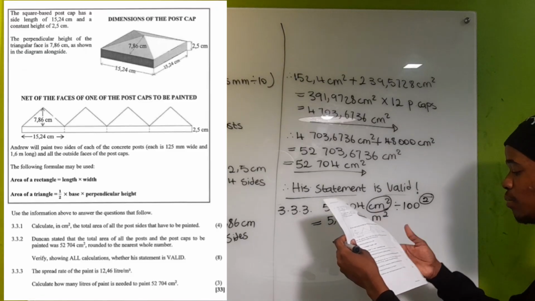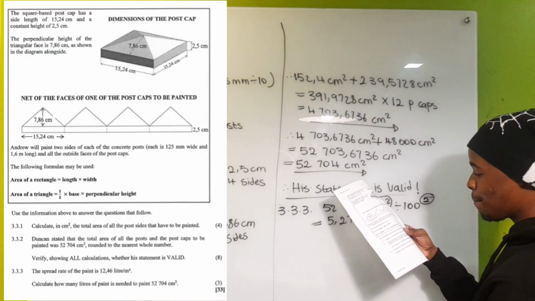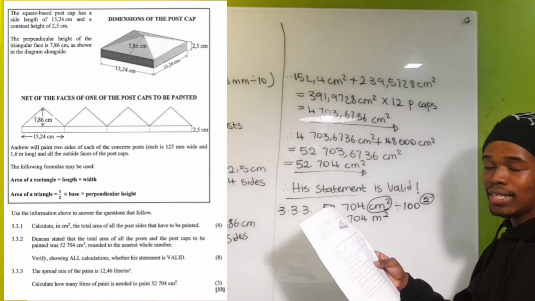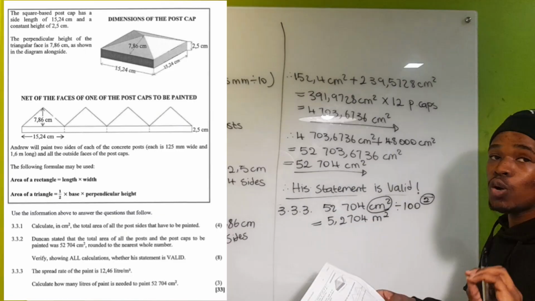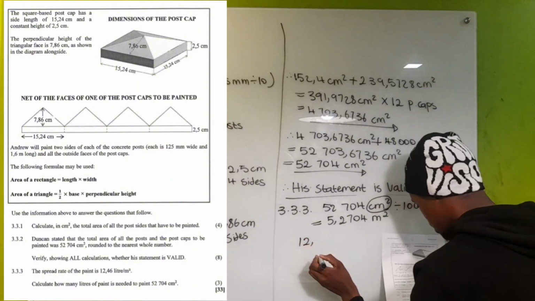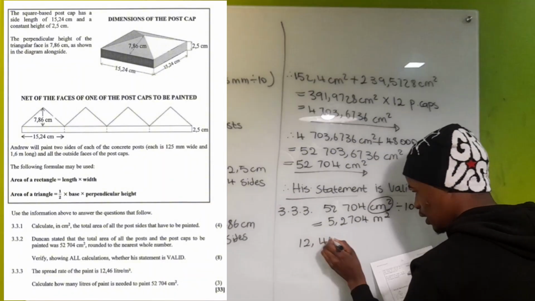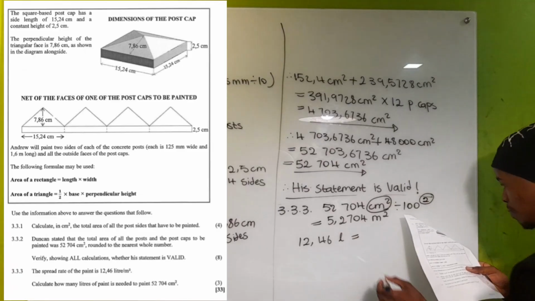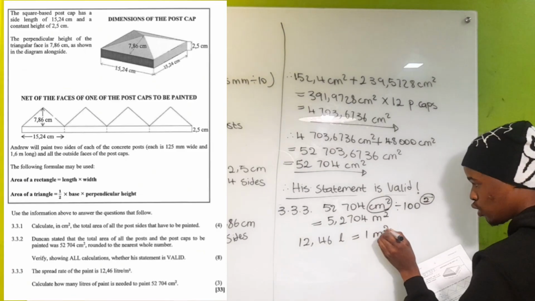So the information that has been given to us is that the spread rate of the paint is 12.46 liters, covers 1 meter squared. So 12.46 liters of paint covers how much? It covers 1 meter squared.